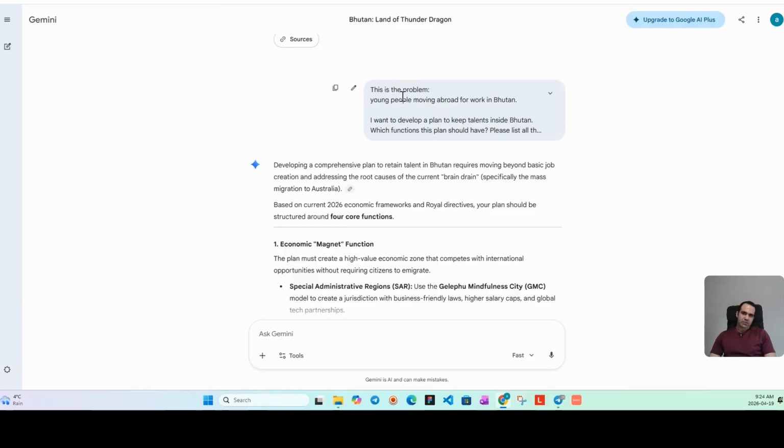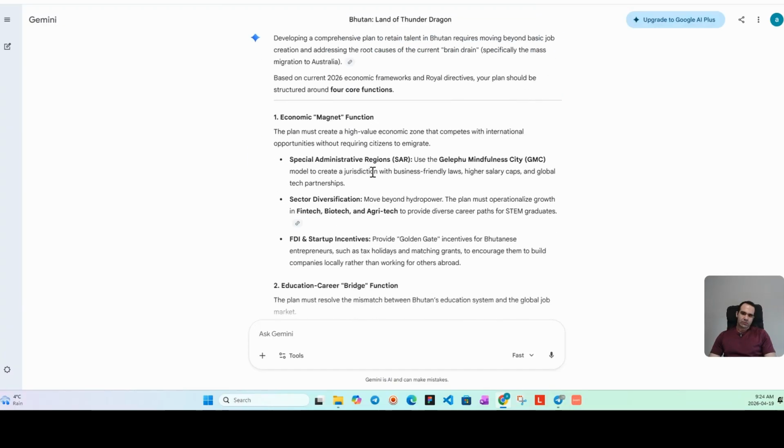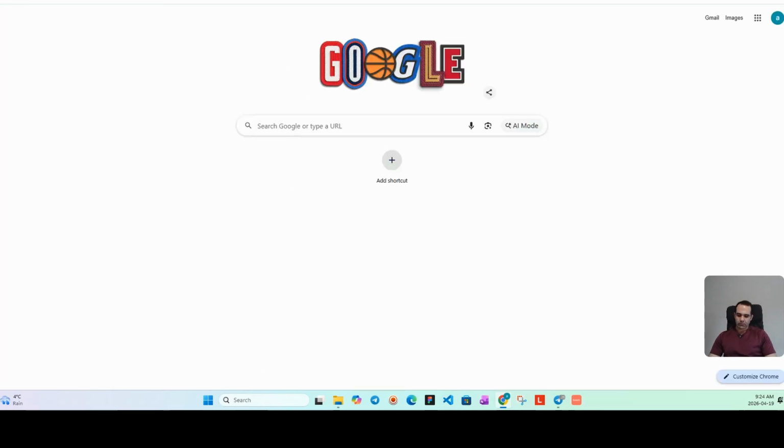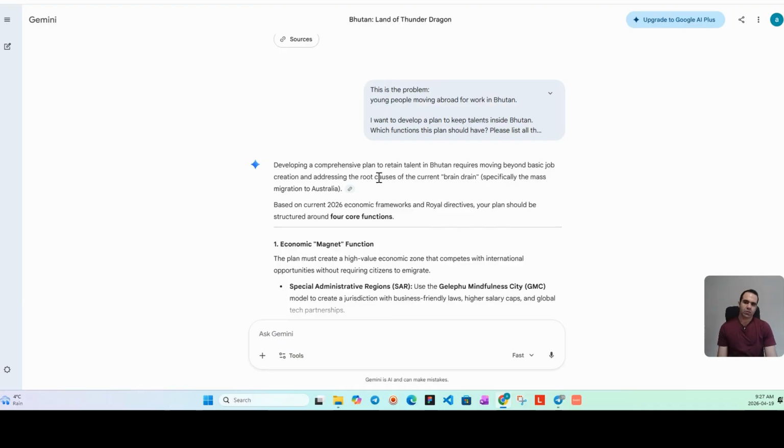Okay, this is the problem. Let me open the one. Let's come back here. The economic magnet function. The plan must create a high-value economic zone that competes with international opportunities without requiring citizens to migrate.